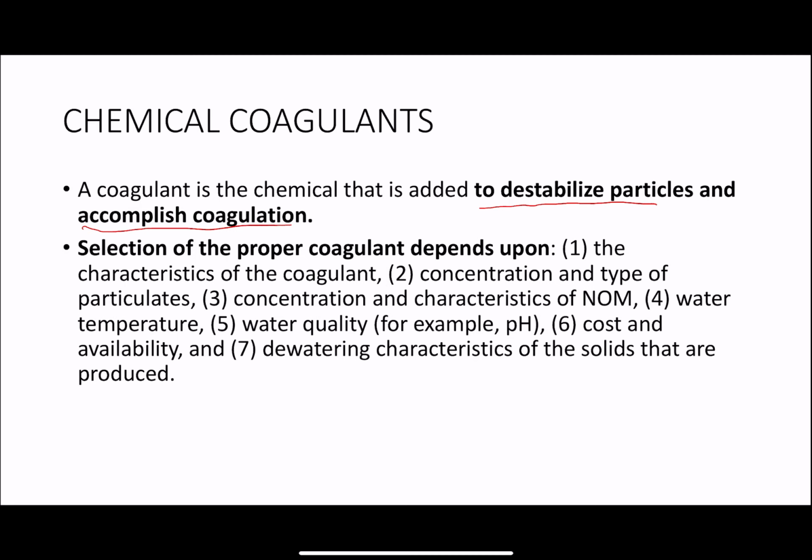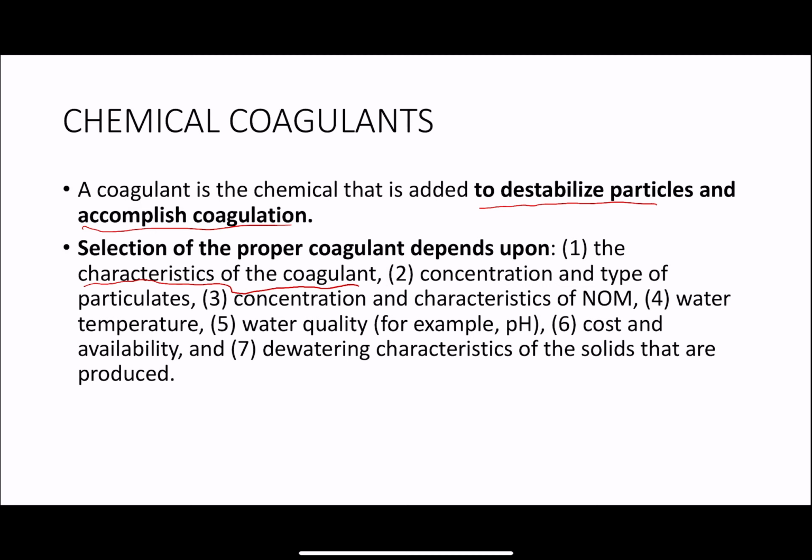Of course, there are a lot of coagulants. Selection of the proper one depends on what? What are the characteristics of this coagulant? Some coagulants are good for certain organics and inorganics in water.